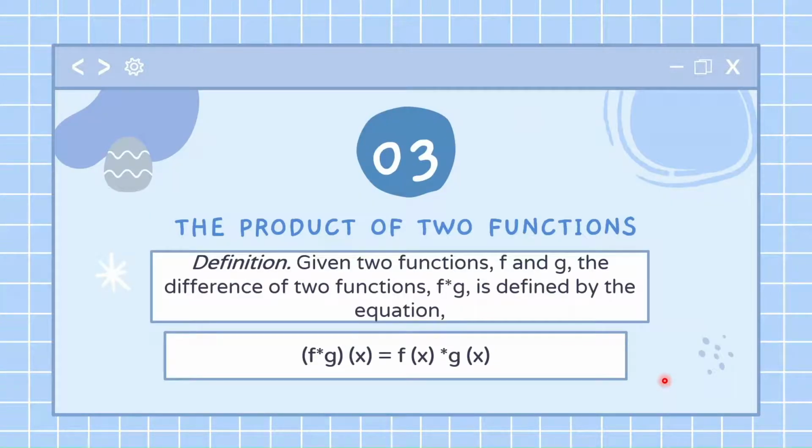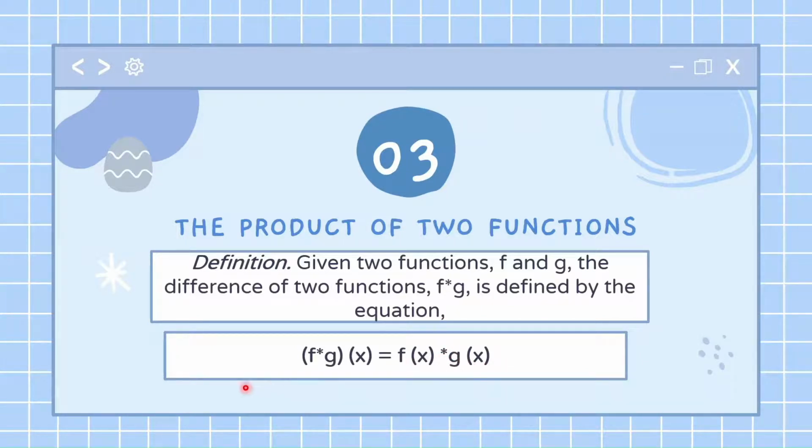Now, after talking about the difference of two functions, let us talk about the product of two functions. We have here the definition, which is: given two functions f and g, the product of two functions f times g is defined by the equation f times g of x is equal to f of x times g of x.